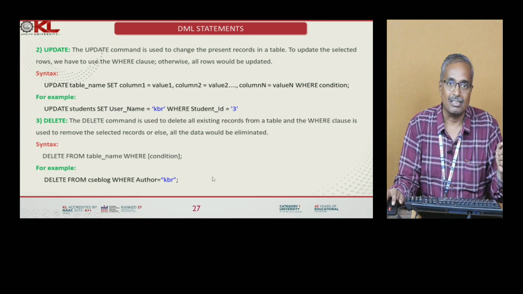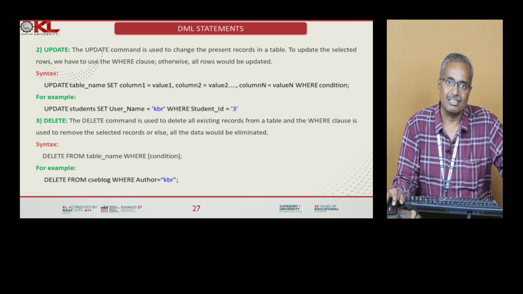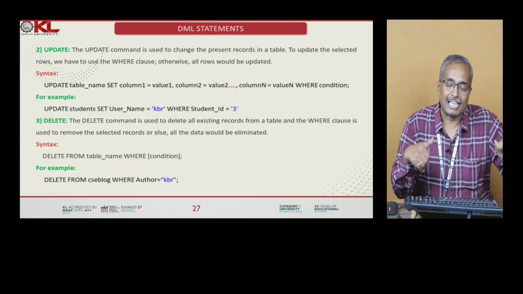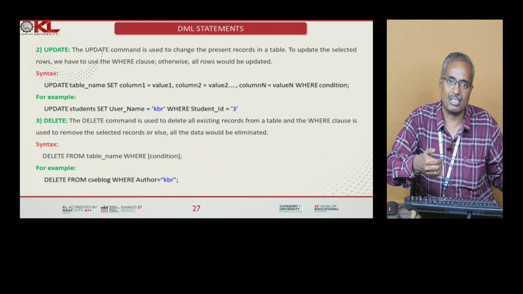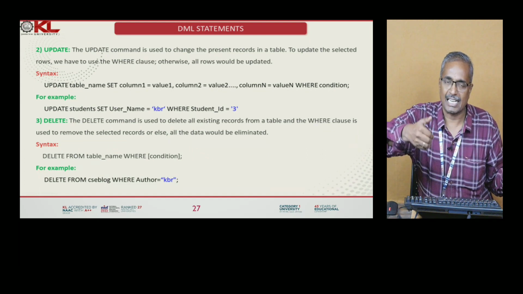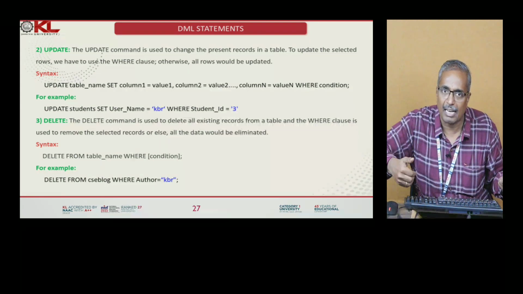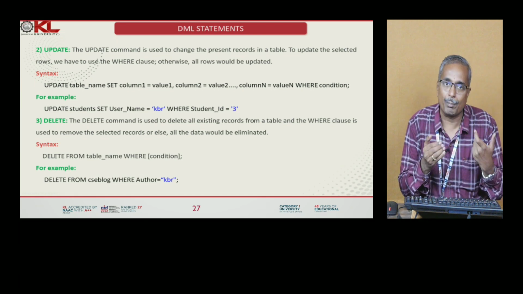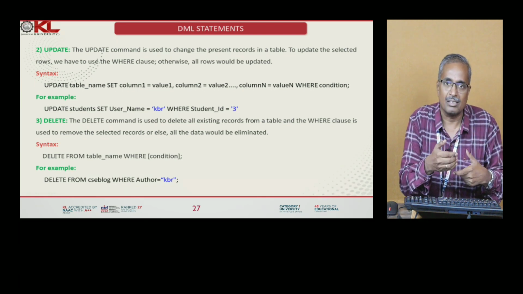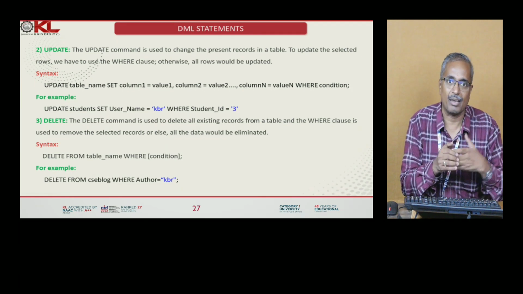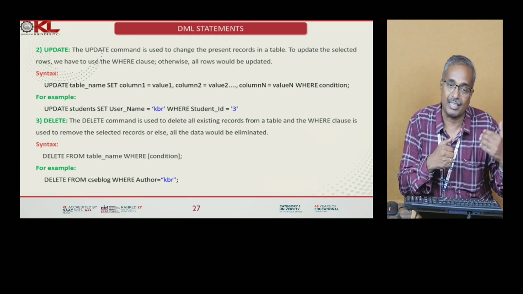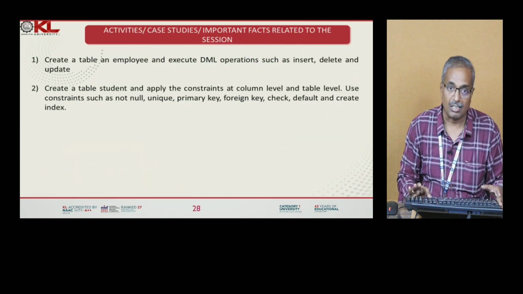Dear students, I hope all of you understood my explanation: the first one data types, the second one constraints, the third one DML statements. I hope you enjoyed the PostgreSQL statements, data types and constraints, right?